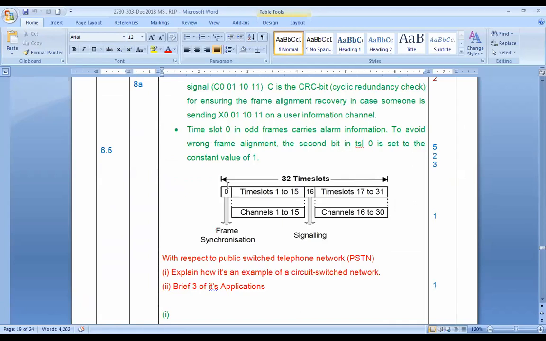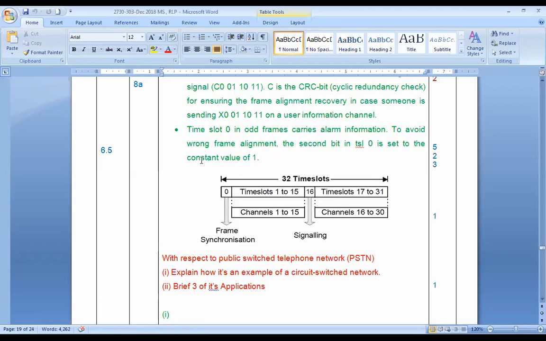So this 0 time slot is used for synchronization, and time slot 16 is used for signaling. There is various information; if we break up data, huge data is broken up into packets of information, in bits and pieces, and they move from one point to another.